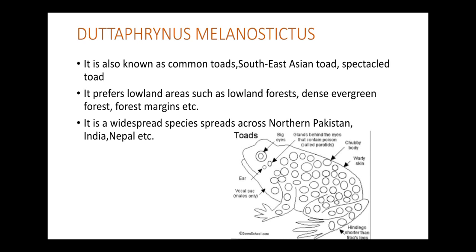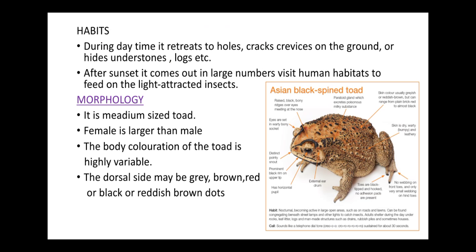It prefers lowland areas such as lowland forest, dense evergreen forest, forest margins, etc. It is a widespread species, spread across northern Pakistan, India, Nepal, etc. Its habits: during daytime, it retreats to holes, cracks, crevices on the ground, or hides under stones, leaves, etc. After sunset, it comes out in large numbers and visits human habitats to feed on light-attracted insects.